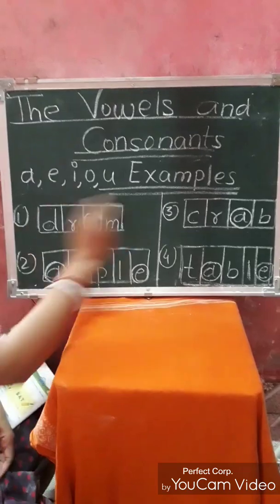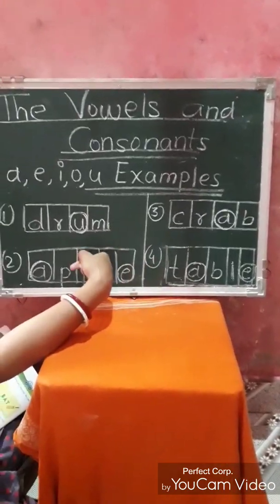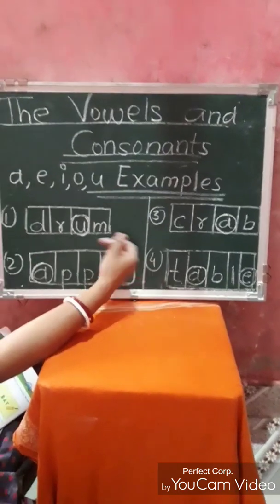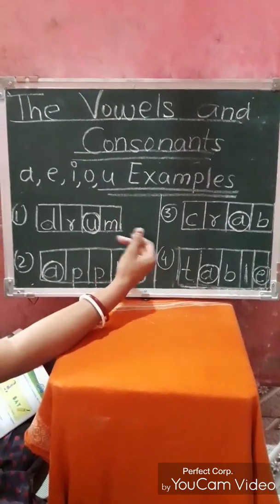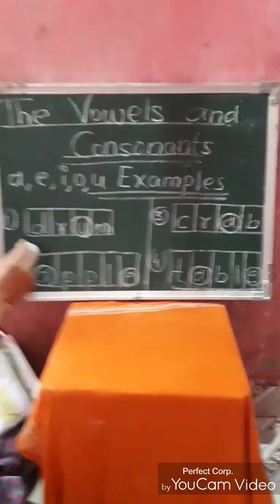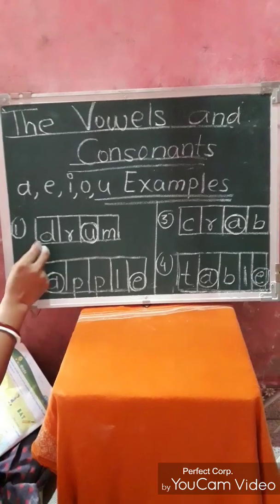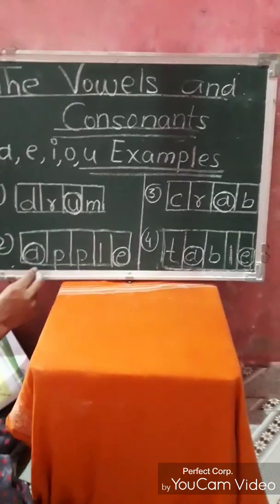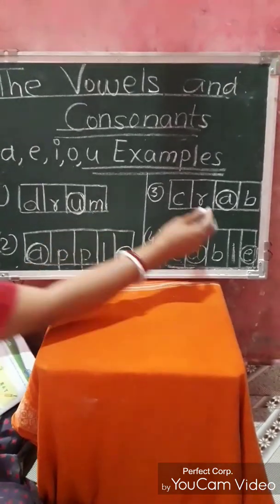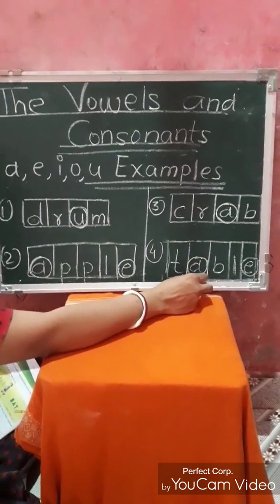So now with the help of some examples that I wrote on the board, we are going to clear our concept more. Look at number one. Here I wrote the spelling of drum, in second number I wrote the spelling of apple, in third number I wrote the spelling of crab, and in fourth number I wrote the spelling of table.